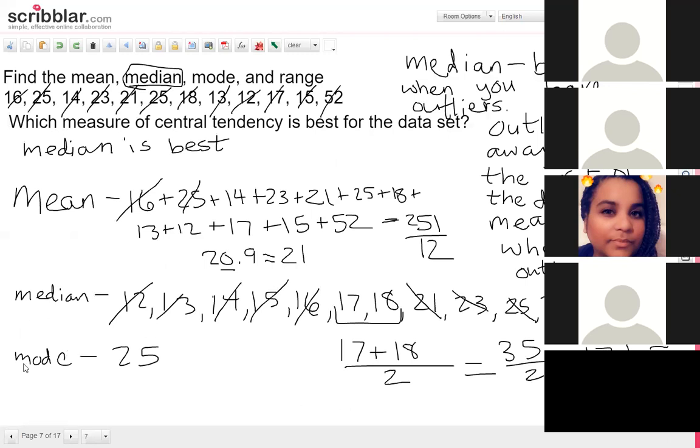So we found mean, median, mode. And then just to include that last topic, even though it's not a measure of central tendency, it's used a lot in data, we want the range, which is the highest number minus the lowest. Again, finding the median helps us because we already know the highest and the lowest.